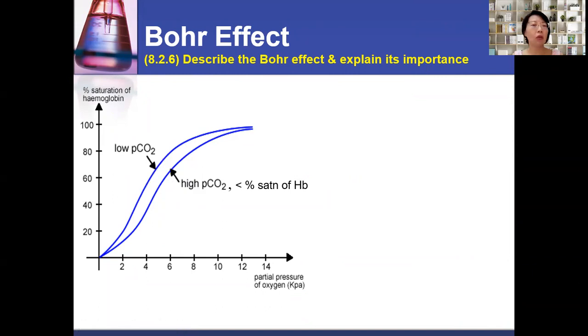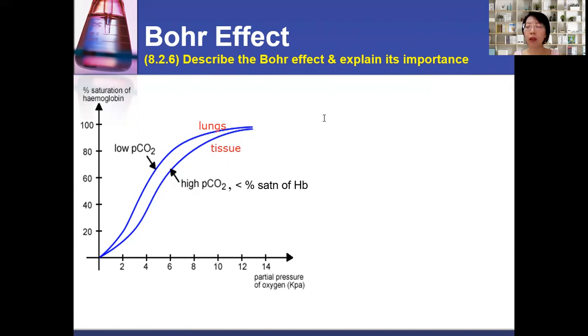Because in the lung, that's where CO2 is being removed from our bloodstream. So the blue color curve actually represents in the lung. Okay. And the right side curve is when there's high partial pressure of CO2. That means to say that the right curve is actually indicating it is in the tissue.